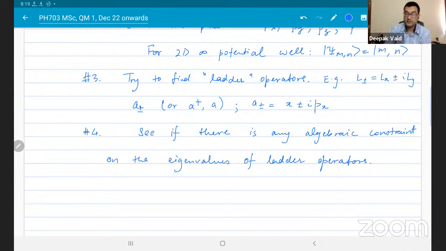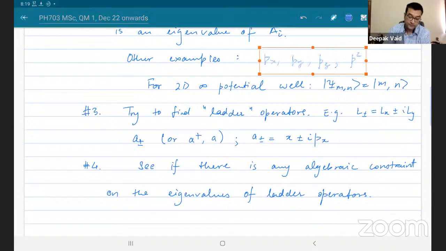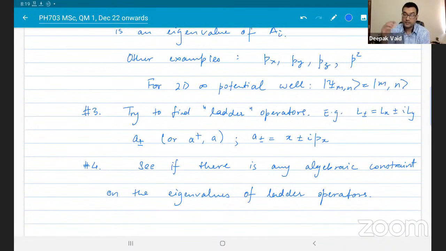Then you ask, well, is there some algebraic constraint on the allowed eigenvalues? So if you look, for example, in momentum, right, there is no constraint. If I act with a ladder operator, your momentum states will keep increasing, right? M and N, there is no limit.